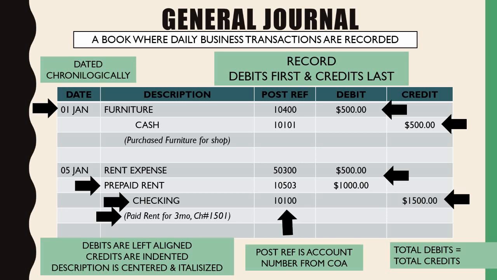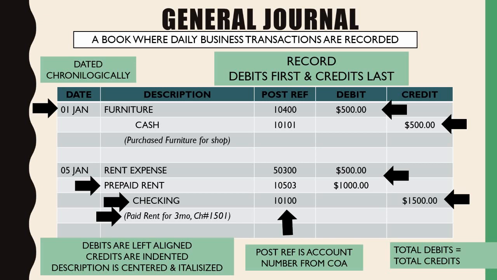Okay, very important. Then the next rule here is how you actually write in your journals. The first rule of thumb is, let's look at the description. Notice this. You have the account names, right? And notice, why is one left aligned and the other indented? The reason is that there is a rule you have to follow when it comes to journalizing an entry.